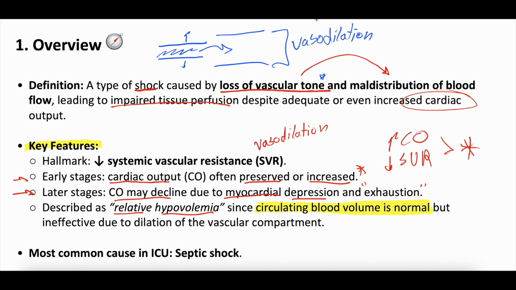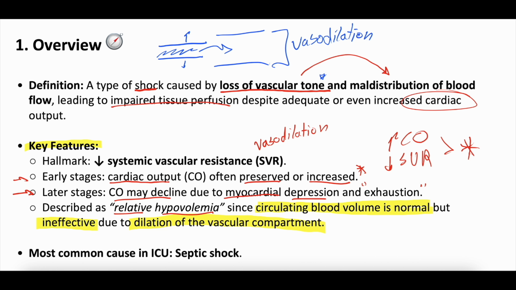The circulating blood volume is actually normal, but that circulating blood volume can be thought of as kind of ineffective or relatively hypovolemic because that vascular compartment in general is all vasodilated. So you have less stressed volume, you have less effective circulating volume because that volume's the same, but that vascular compartment is all vasodilated. So the effective amount of volume is less despite the total volume being the same. Hopefully that makes sense. And again, we're going to go through it more as this episode goes on. So if it doesn't make sense now, hopefully it'll fall into place as things continue.